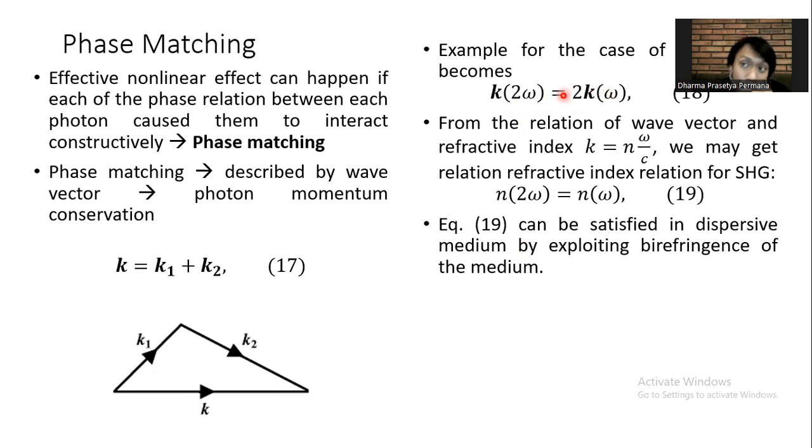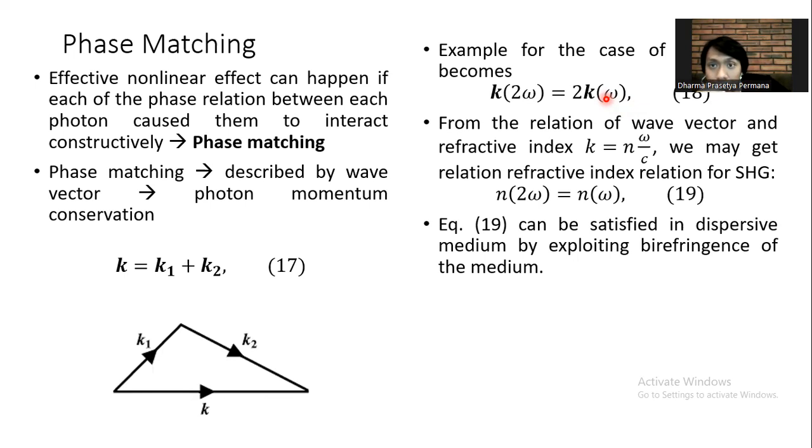But in practical use, the wave vector of omega 2 may be slightly larger than twice that, like 2 times the wave vector of omega plus some kind of constant, or maybe slightly lower than twice the initial wave vector of omega. So 2k plus or minus some value. And that plus and minus happens due to the dispersion of the material.